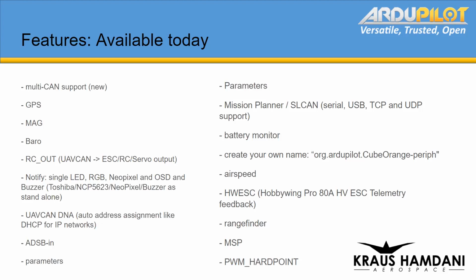So these are all the libraries that we've brought in and added support for, and generally it's a feature to UAVCAN converter. I think we've added a few UAVCAN specific packets, but a lot of these are already supported in the spec as is. But it gives you a nice little tool, like for example, RC out.